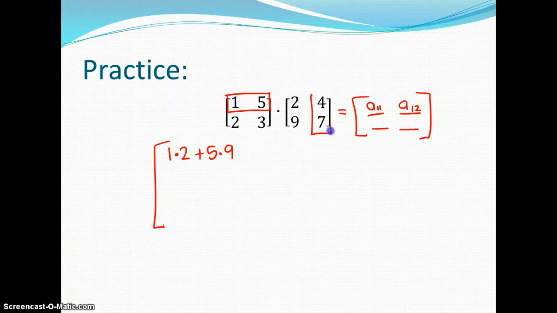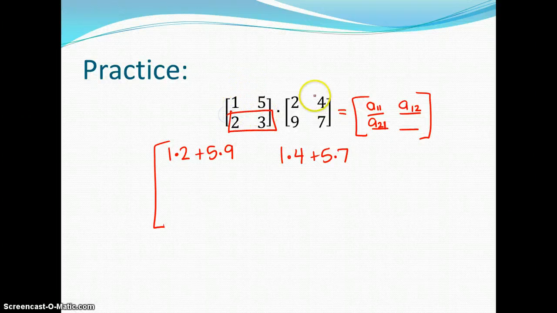So we have 1 times 4 plus 5 times 7. If we go down below, we have row 2, column 1. We need to use row 2, column 1: 2 times 2 plus 3 times 9.